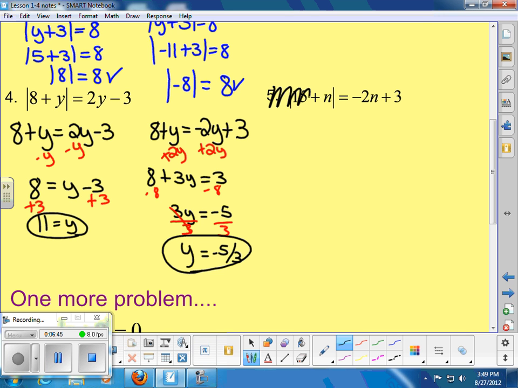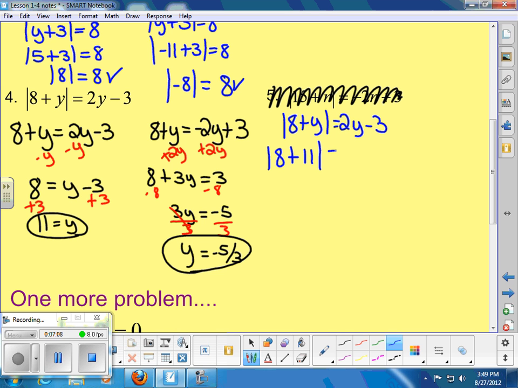For the sake of time, I'm going to skip question number 5. We did complete question number 5 in our notes in class, however, and I'm going to now use this space to do the check. When I'm doing the check, I must substitute into the original problem that had absolute value symbols in it. So that means absolute value of 8 plus, we'll do 11 first, equals 2 times 11 minus 3.